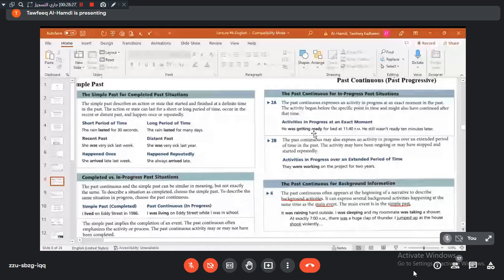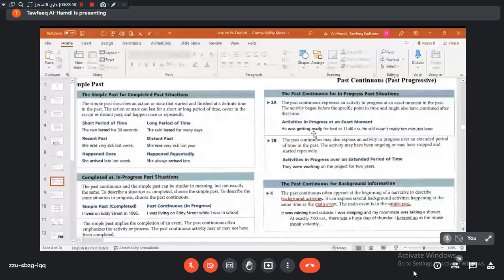So, what is the difference between completed and in-progress past situations? For the first one, as I told you, I should use the simple past, while for in-progress past situations, I should use the past continuous. So the past continuous and the simple past can be similar in meaning, but not exactly the same.